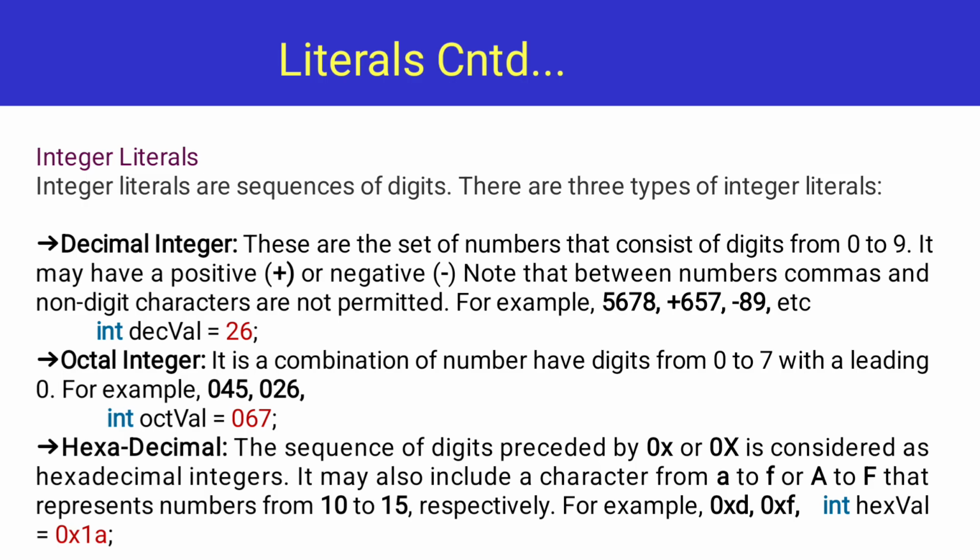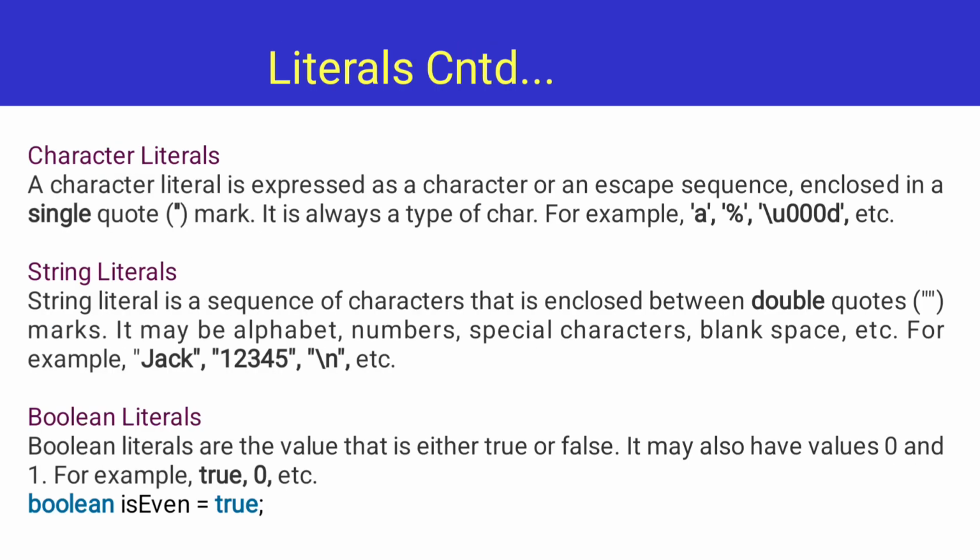So A represents 10, B represents 11, C represents 12, D represents 13, E represents 14, and F represents 15. And here is an example of hexadecimal literals.